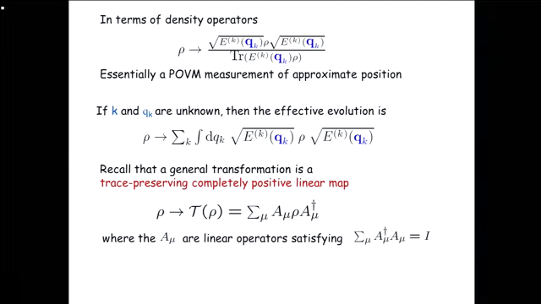And finally, they were completely positive in the sense that if you acted on half of an entangled state, which is a positive operator, you still get a positive operator coming out. So the dynamical collapse law that people have assumed doesn't violate any of those properties, which is good because if it did, then you would end up predicting probabilities for measurements that are negative or greater than 1.